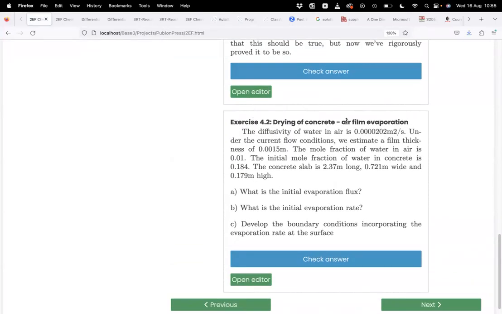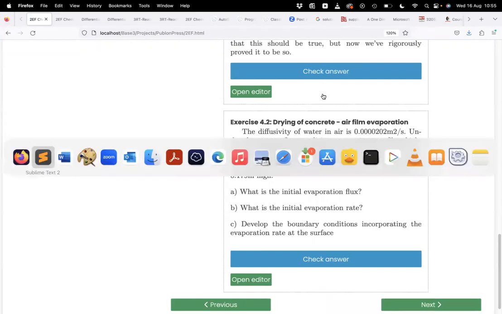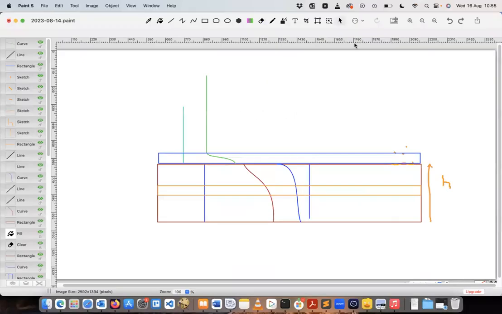Okay, any questions or comments so far? Any ideas about how to start handling this one? So first off, we had said that in film theory, we will simplify everything that's happening here.